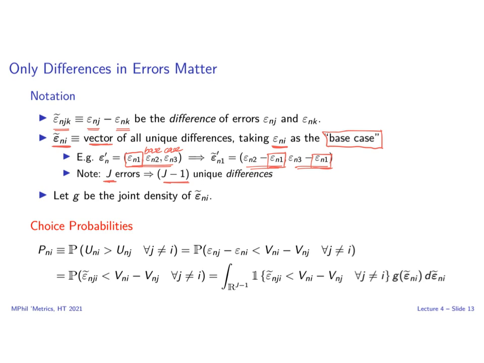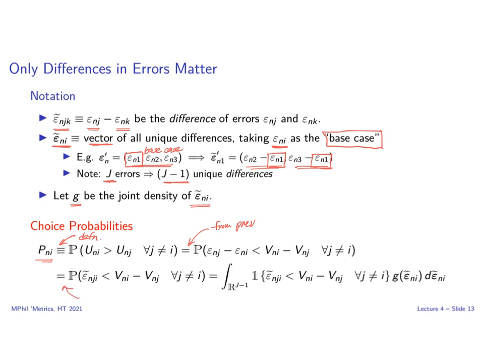Defining G to be the joint density of epsilon tilde_ni, we can calculate choice probabilities as follows. P_ni, which we defined to be the probability that U_ni is greater than U_nj for any j not equal to i, we know is equal to the probability that epsilon_nj minus epsilon_ni is less than V_ni minus V_nj for any j not equal to i.